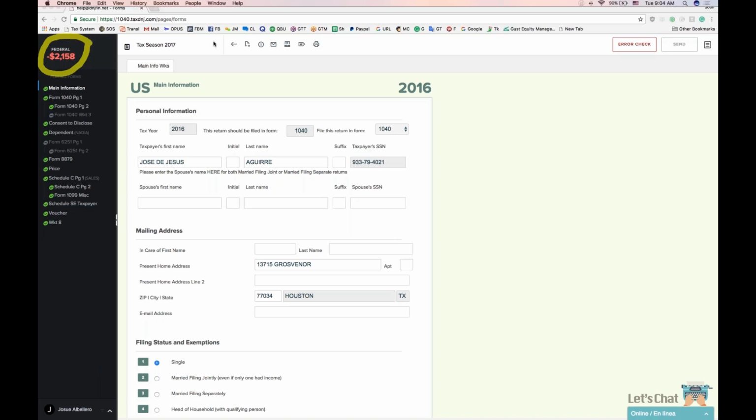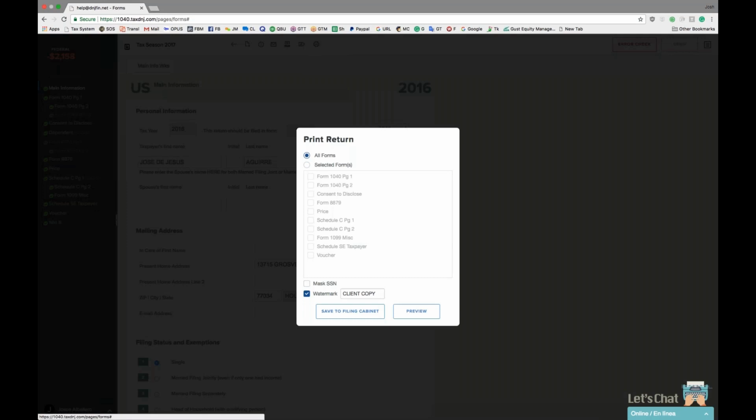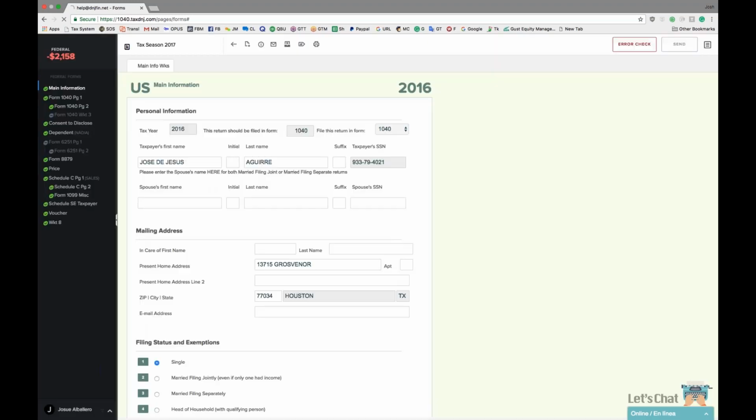So without further ado, let's do that, and let me go ahead and print the form 1040. Go ahead and print that, and then I'm going to come down here to printing just the 1040 pages, take away the client copy watermark, and print it.